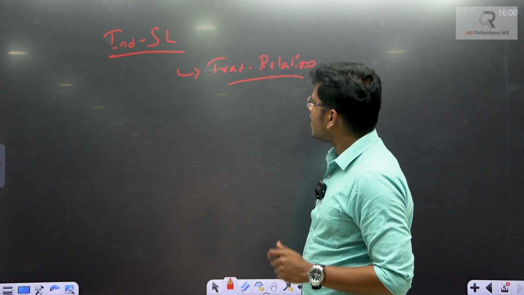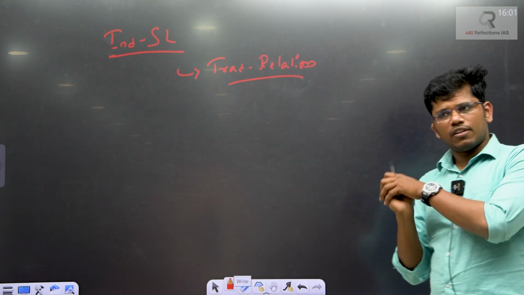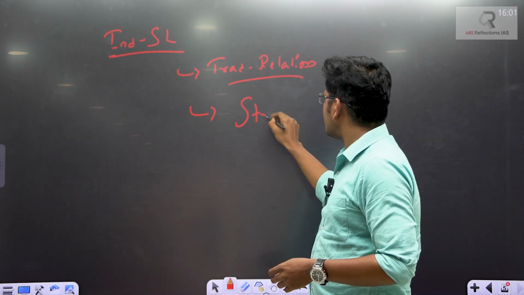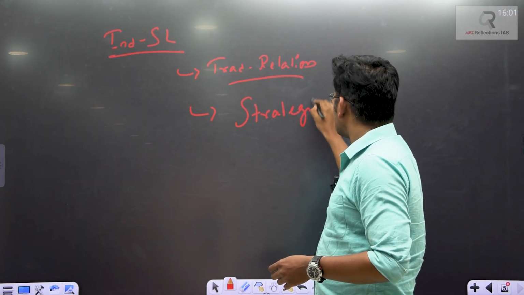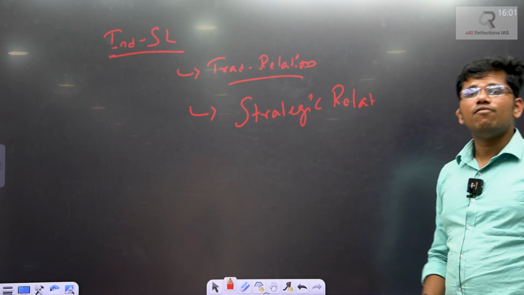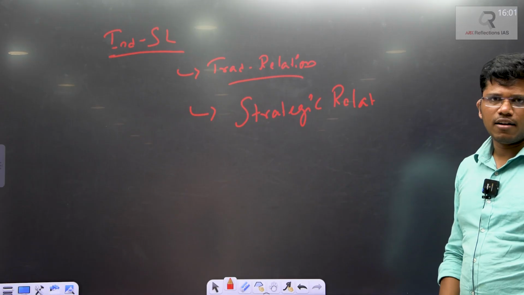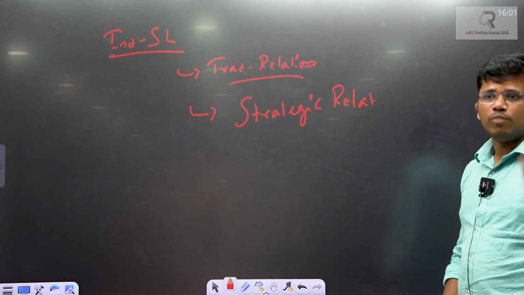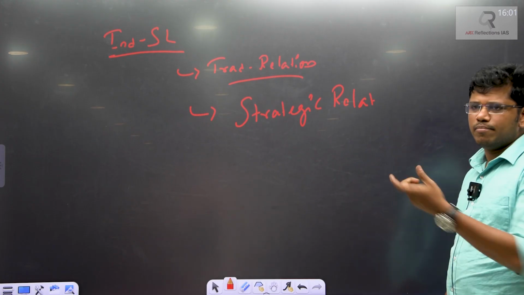When it comes to Sri Lanka relations, trade relations are important, and the most important thing for India is the strategic relations. India doesn't want Sri Lanka to be one more Ukraine. As Ukraine is for Russia, India doesn't want Sri Lanka to be another Ukraine.